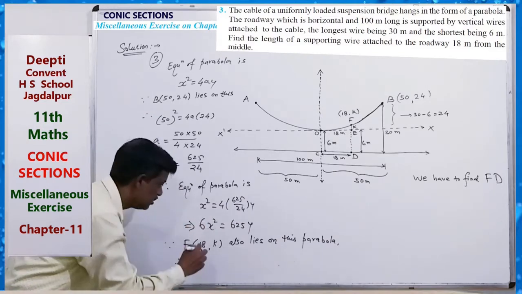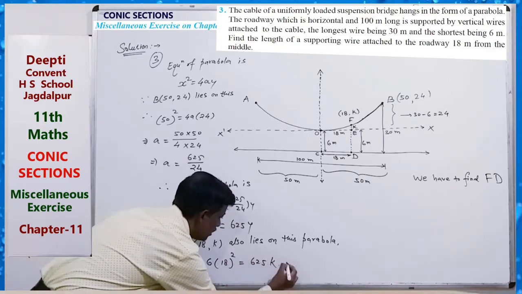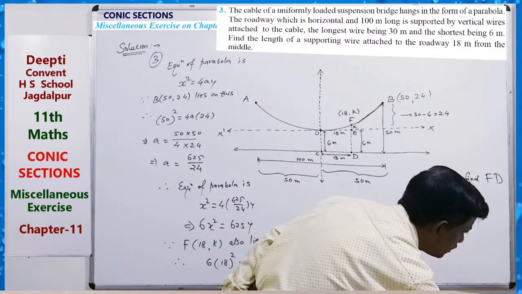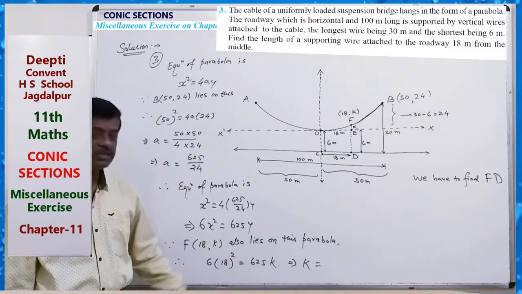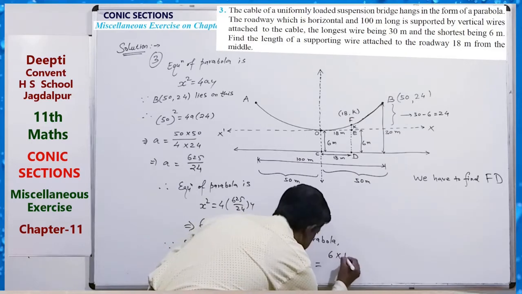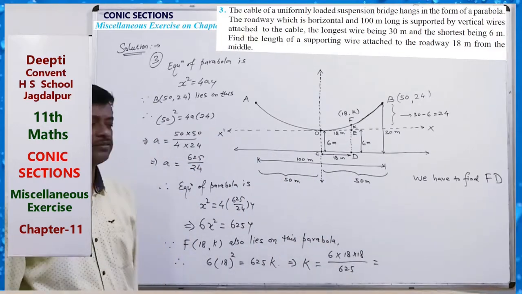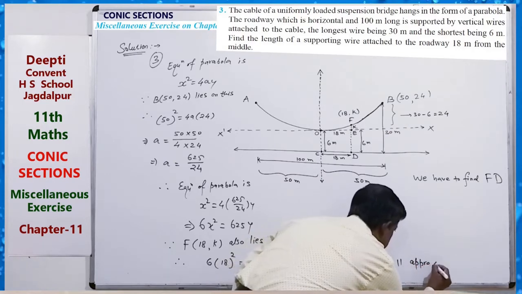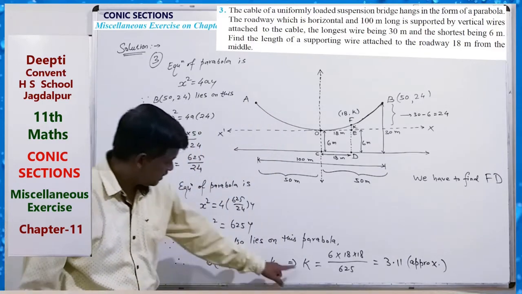Therefore it will also satisfy it. So 6 into 18 square equals 625k, so k equals 6 into 18 into 18 upon 625, which is approximately 3.11. Clear?